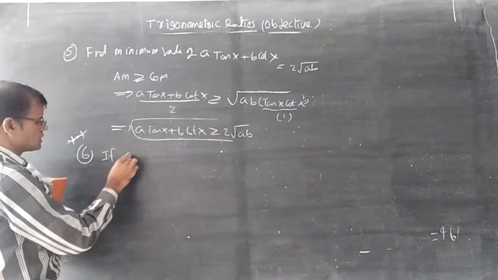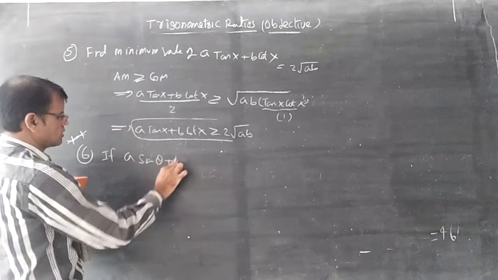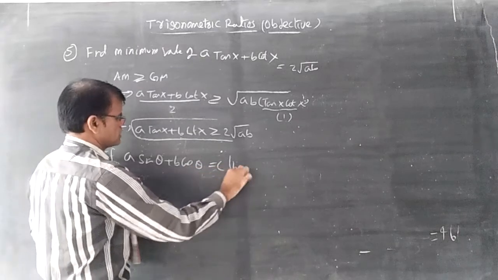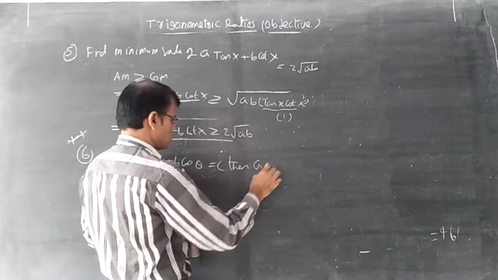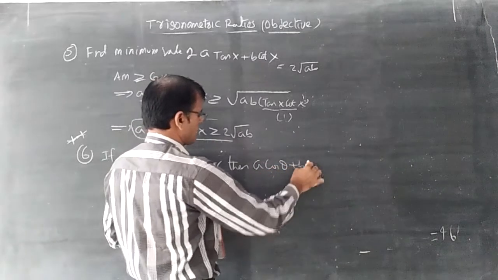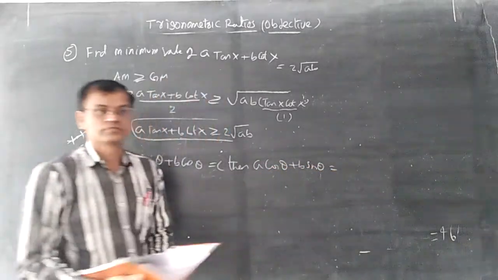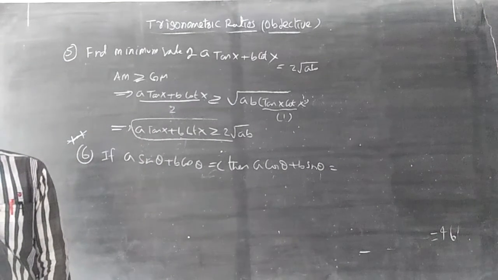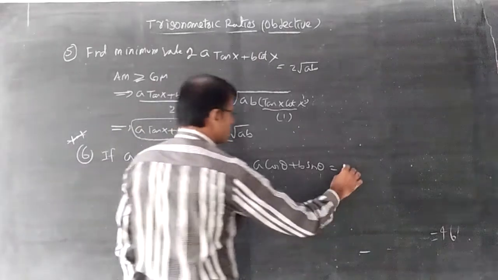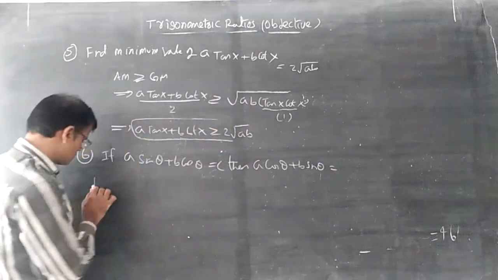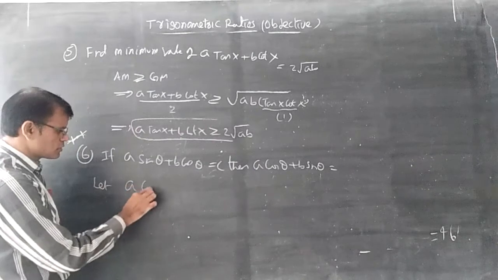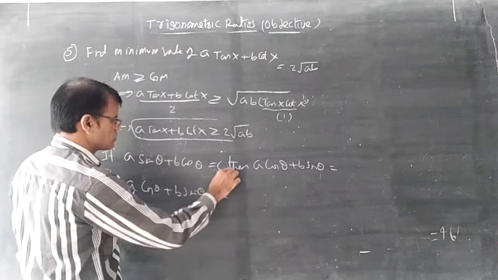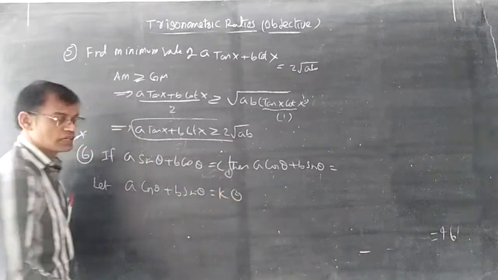If a sin theta plus b cos theta is equal to c, then what is the value of a cos theta minus b sin theta? Let a cos theta minus b sin theta be equal to k. We need to calculate this one. Let this be the first equation and this the second.